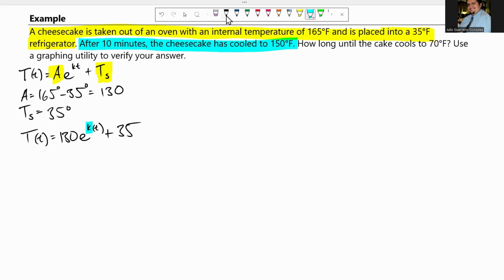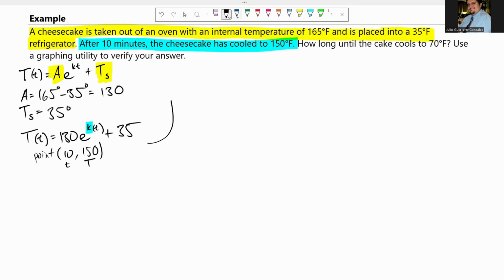So my point for this is going to be 10, 150. This is my little t, and this is my big T. At 10 minutes, my cheesecake is 150 degrees. So long as I plug this in and run with it, I should get my k.